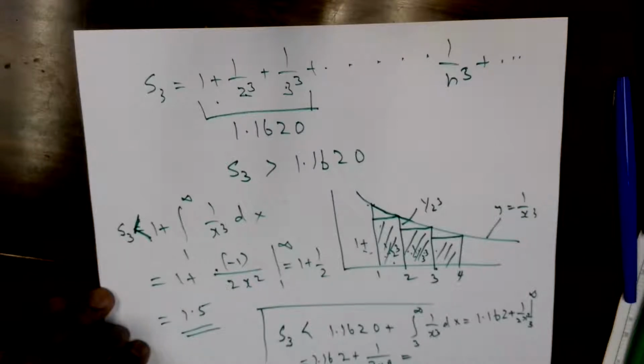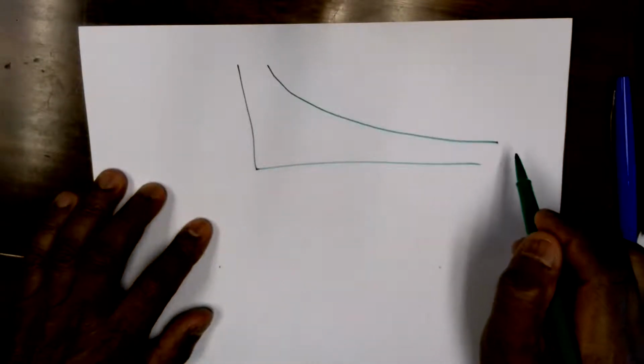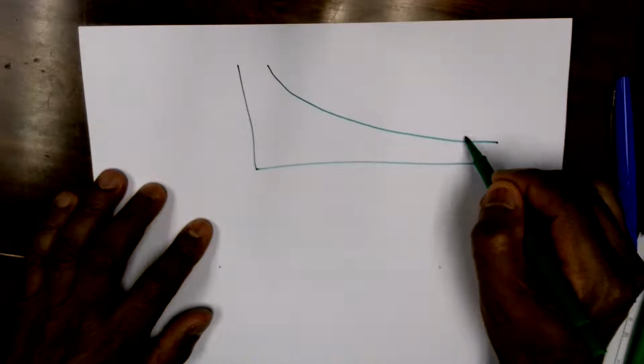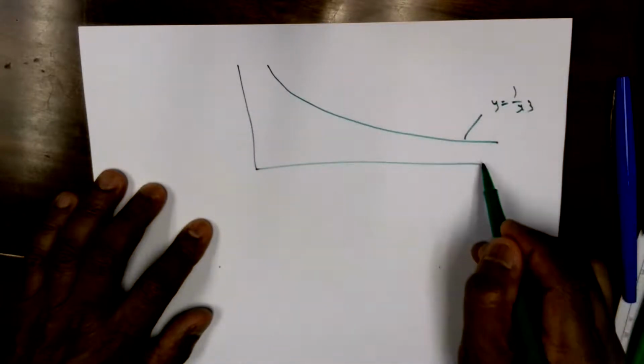To find something a little more elegant, I thought of something. I know there are bounds for this, so I'll comment on that a bit later. Again, let me draw this curve 1 over x cubed.